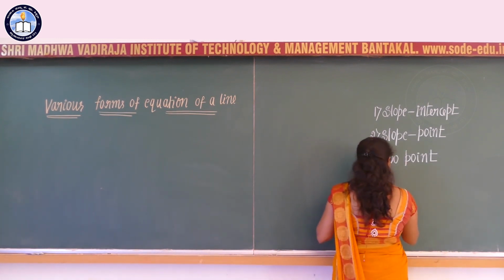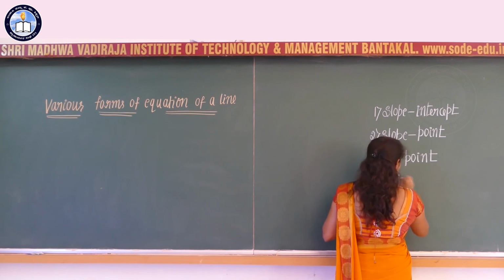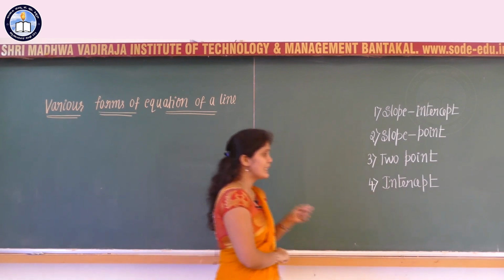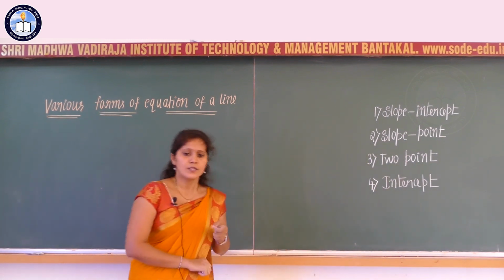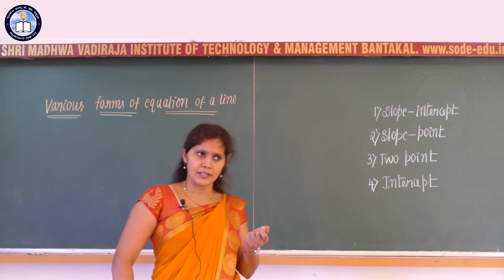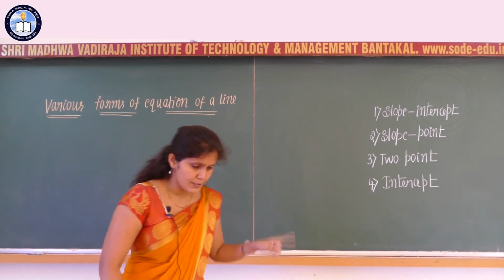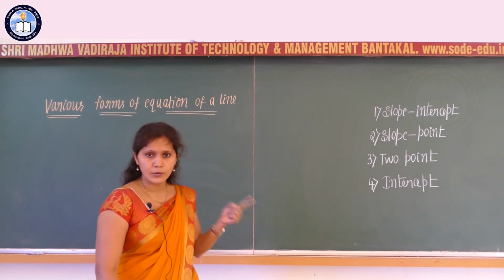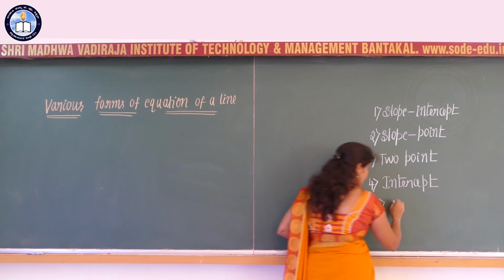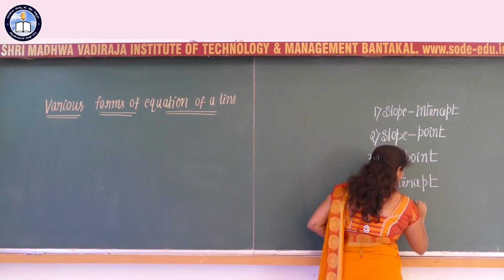Next, the fourth one is the intercept formula. Just now we have completed what is meant by intercepts. So if the x-intercept is given and the y-intercept is given, then we can apply the intercept formula to find the equation of a line. The fifth form is the normal form of a line.